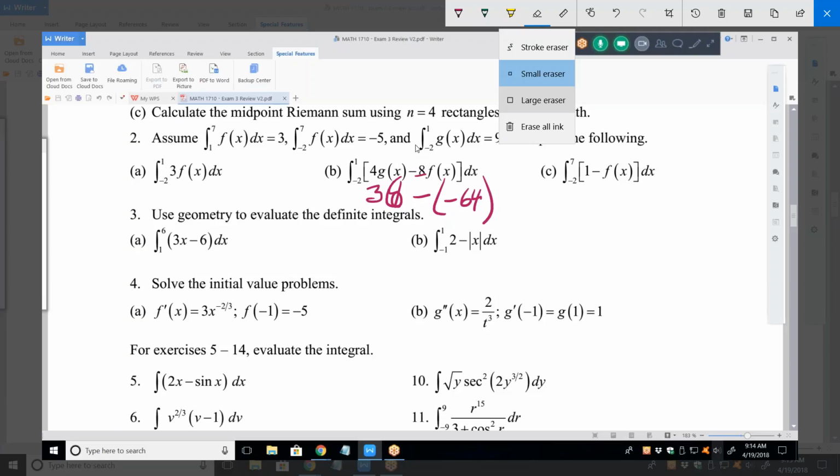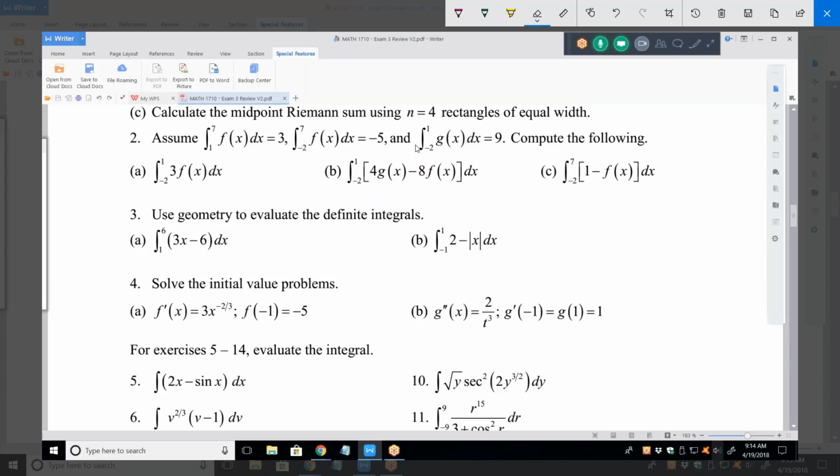I'll bet you can do the last one on your own. Yeah. Maybe. What's the first step? Split them. So it's, yeah, and then 1, then.